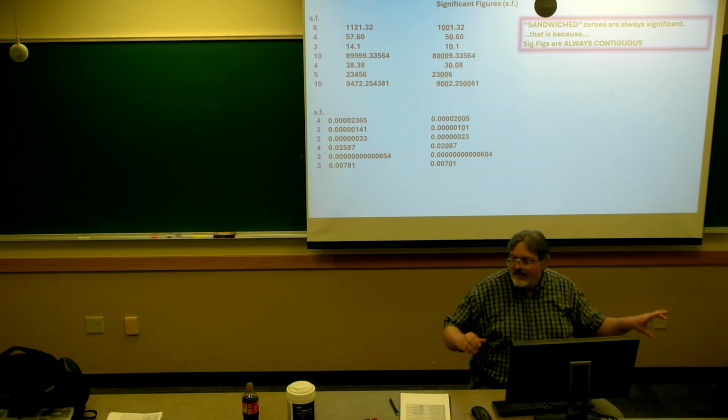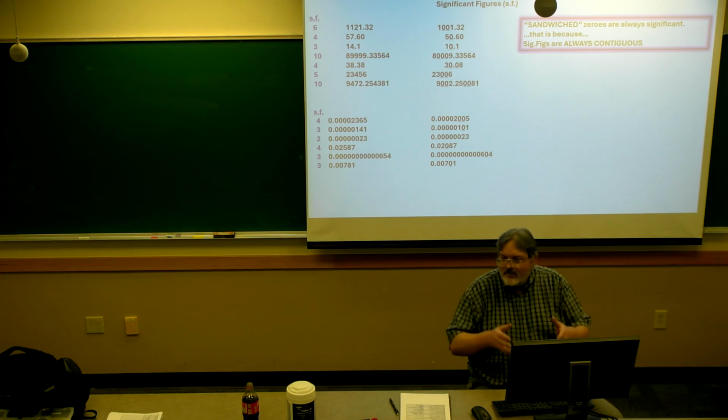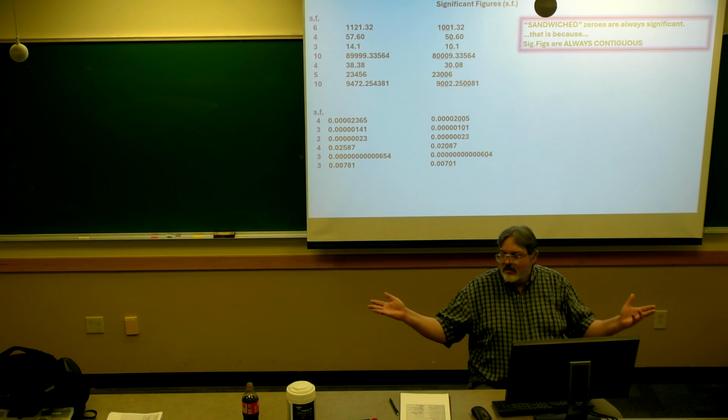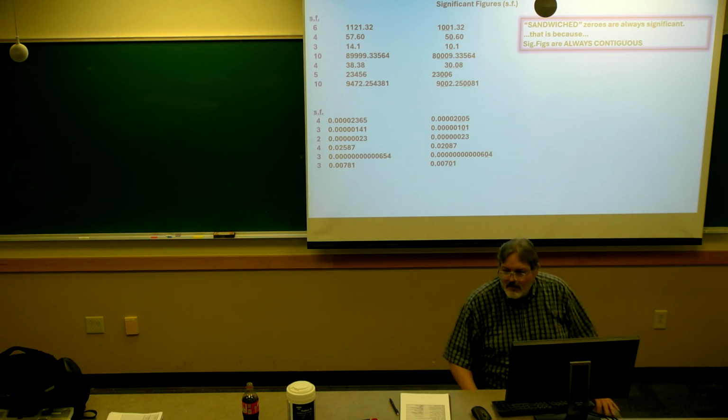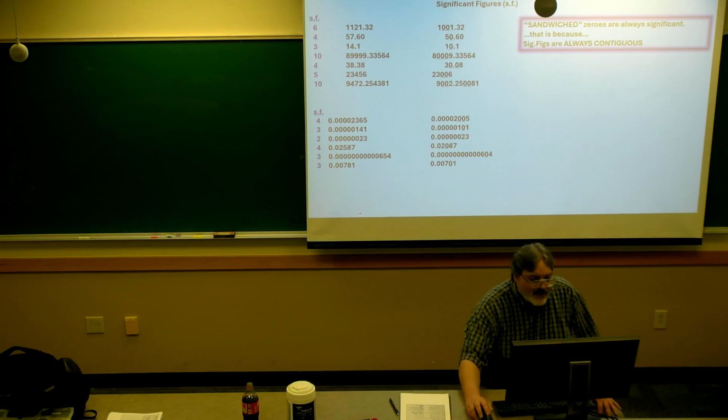So it's the leading zeros and the trailing zeros that I'm covering because those are confusing. But if it's sandwiched in between non-zeros, it's part of the measurement. There's no way for it not to be. So significant figures are always contiguous. The fact that these zeros are sandwiched in between some non-zeros means this whole series is still significant figures.